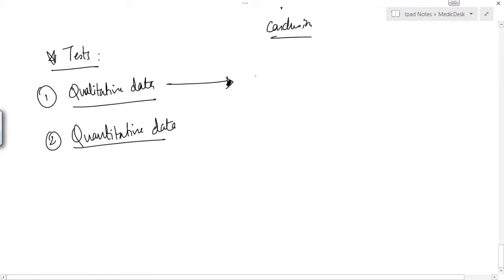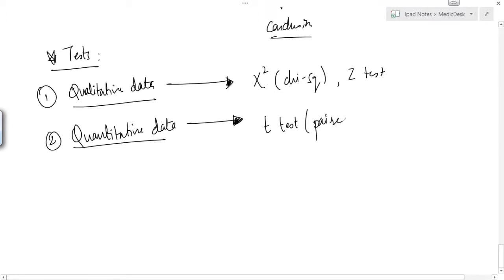For qualitative data we have chi-square test and z-test. For quantitative data we have t-test, paired and unpaired, and z-test.